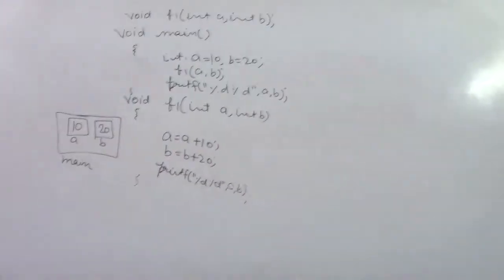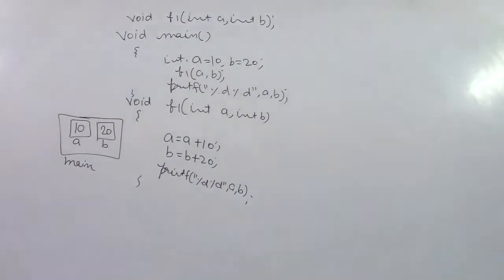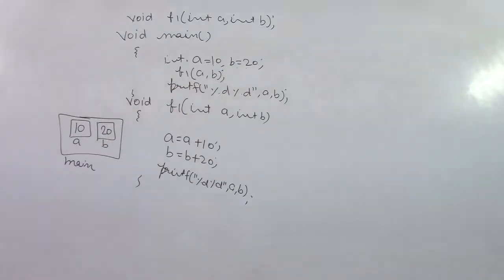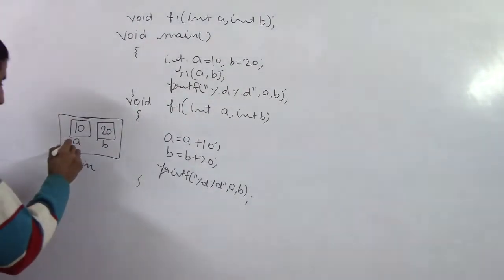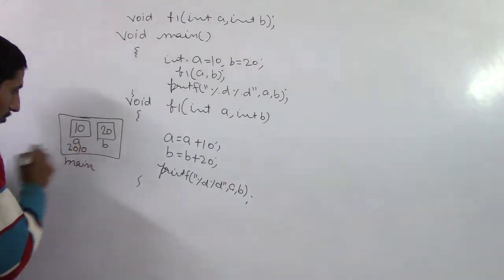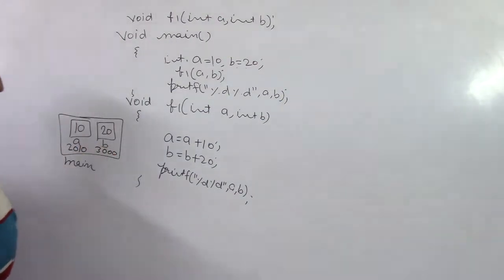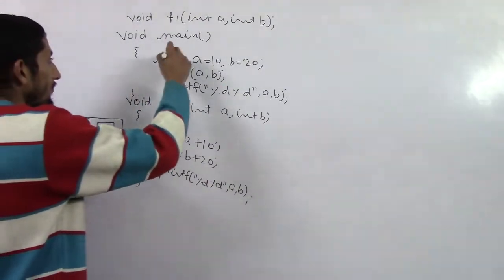The compiler allocates the address so that at a later time the compiler can fetch the value. Let's say the address of a was 2010 and the address of b was 3000. So we have executed the program till here.